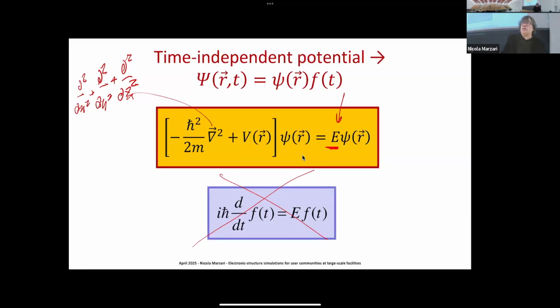In a hydrogen atom, the ground state would be at an energy that is -1 Rydberg, or -13.6 electron volts. And then there are excited states for those electrons, and they're all eigenstates and eigenvalues of this equation. If you take a piece of solid like silicon, there is going to be a continuum of states that can have certain energies, but there are also forbidden energy gaps where you can't have an electronic state.